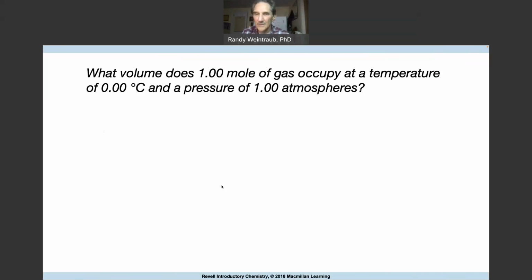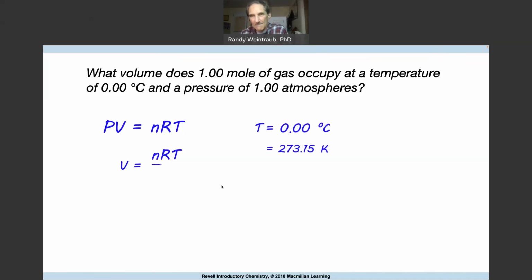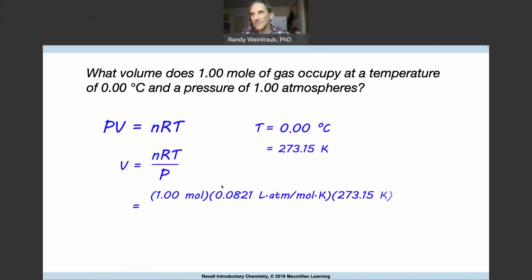We begin with the ideal gas law, and our temperature must be in degrees Kelvin. We are asked about volume, so we'll solve for volume.